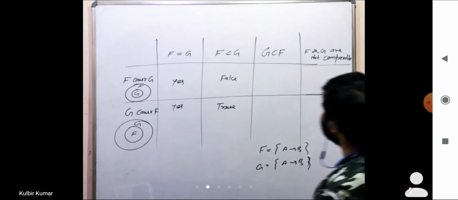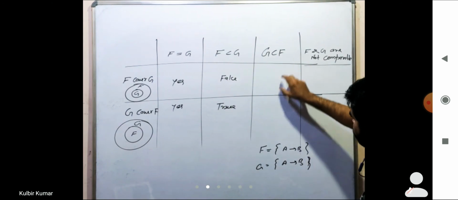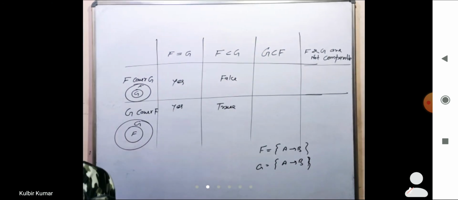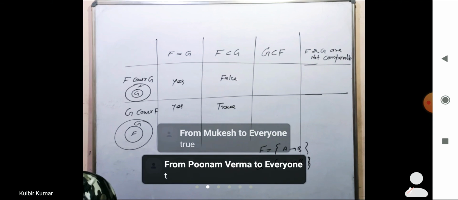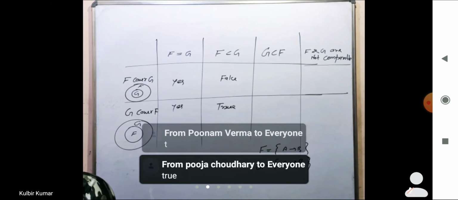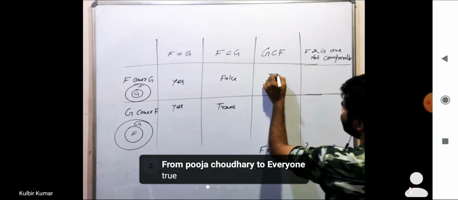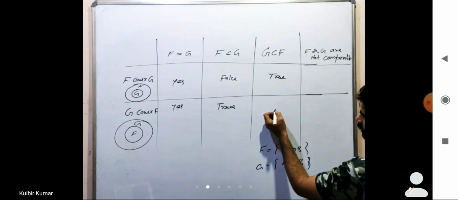Okay, next, what about this one, G is a subset of F in this case and this case? Yes. G is a proper subset of F? Yes, it is true. And what about this one, G is a proper subset of F?